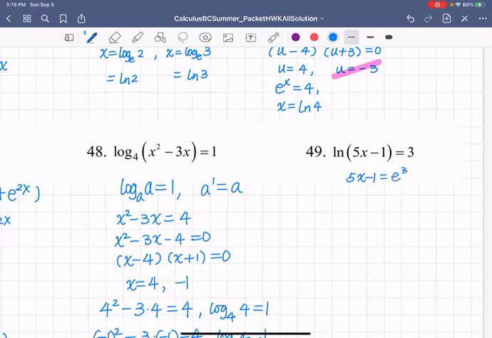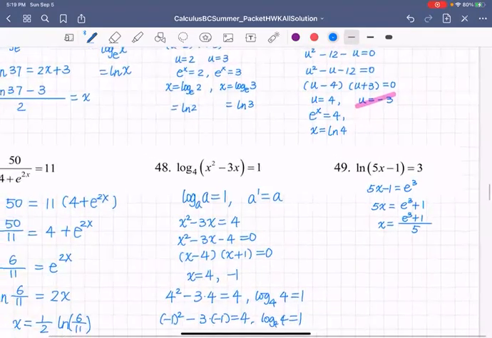And then 5x, and you move the 1 over, so 5x equals e^3 plus 1. And then you divide by 5, so x is equal to e^3 over 5 plus 1 over 5. All right. That's very good. This is 49.